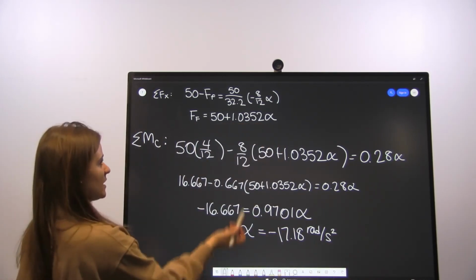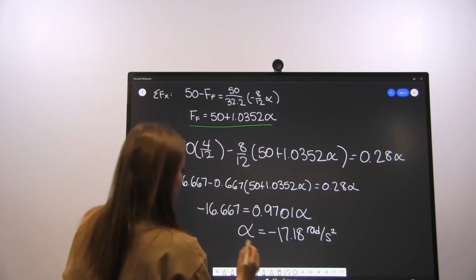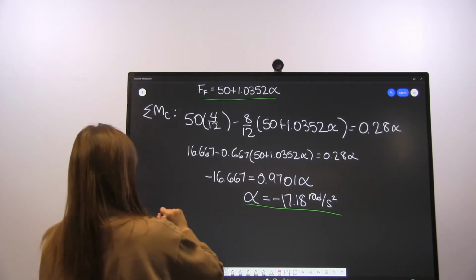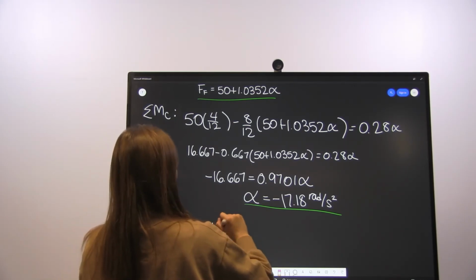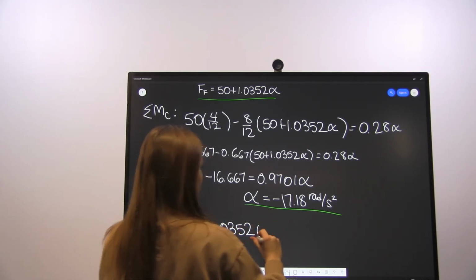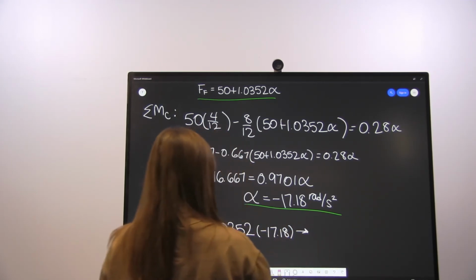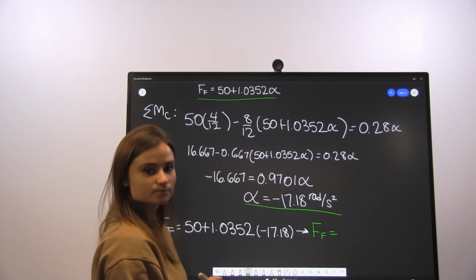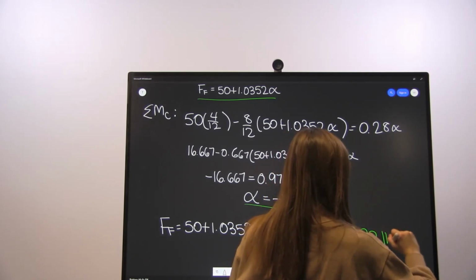So we can plug this back into our frictional force equation. We get frictional force is equal to 50 plus 1.0352 times negative 17.18, and we get our frictional force is equal to 32.22 pounds.